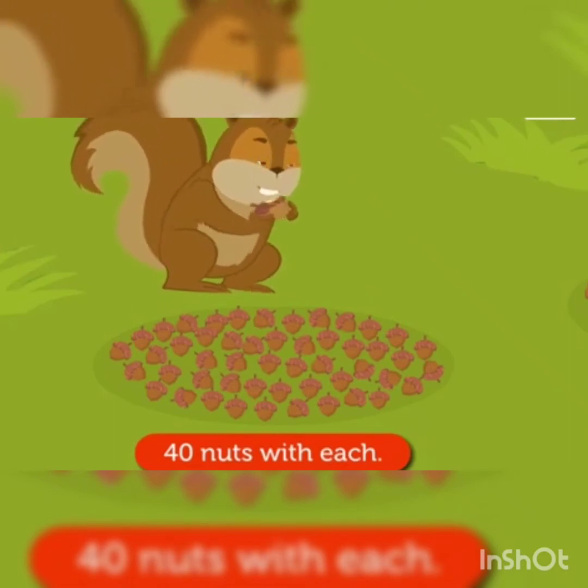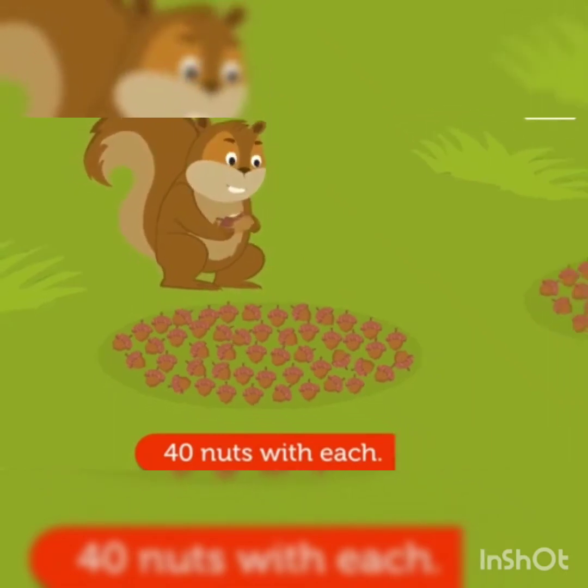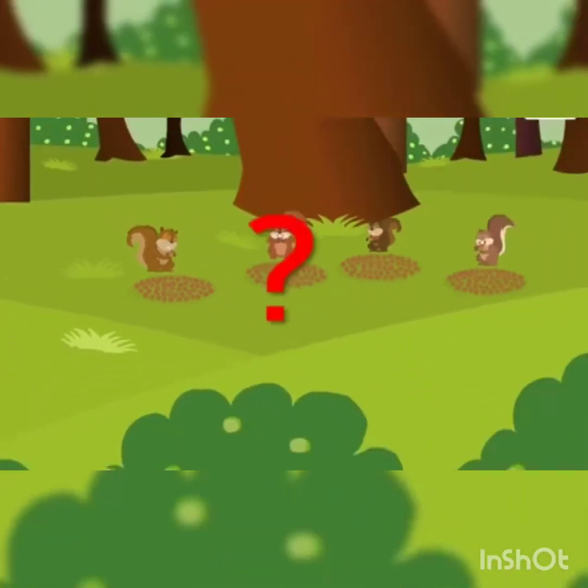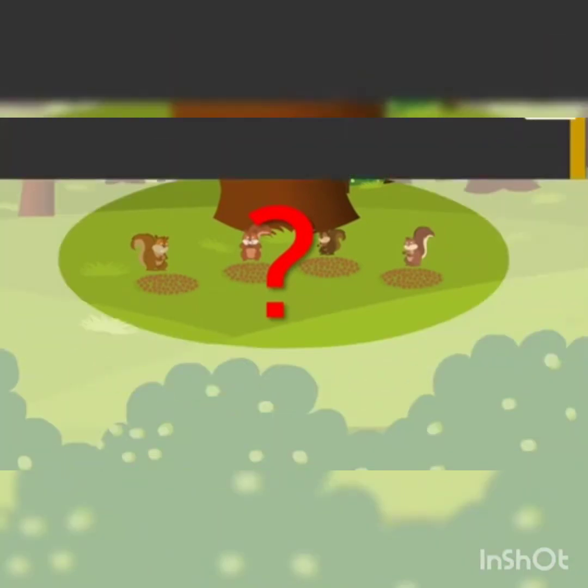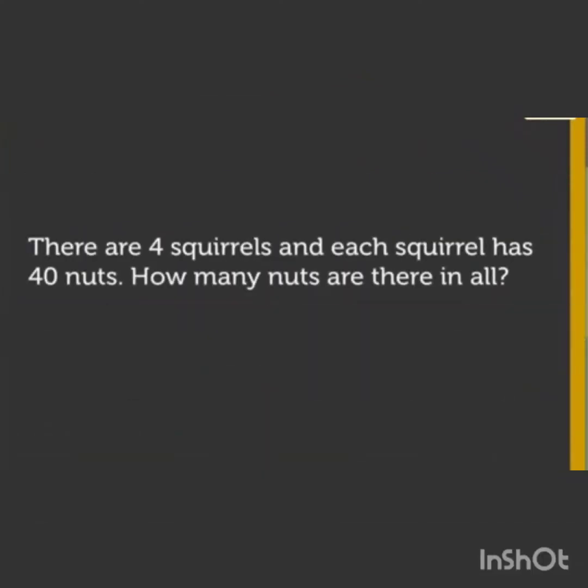Each squirrel has 40 nuts. We have to find out how many nuts are there in all. All of you, once again try to understand the problem. What information does it give?